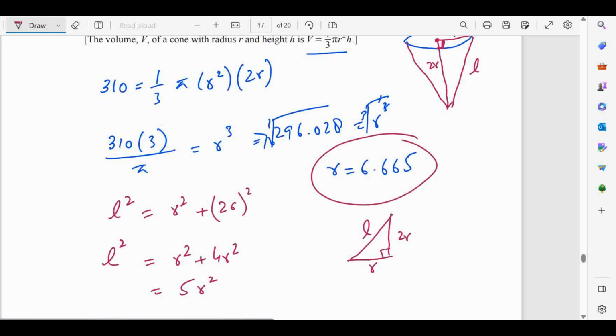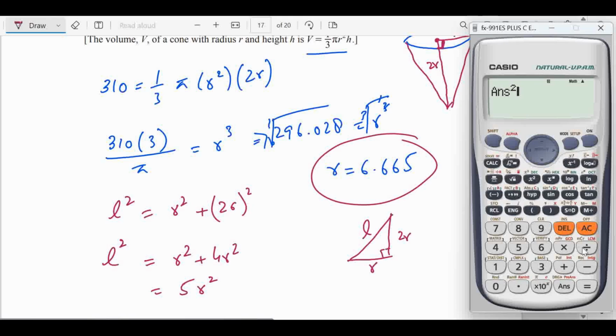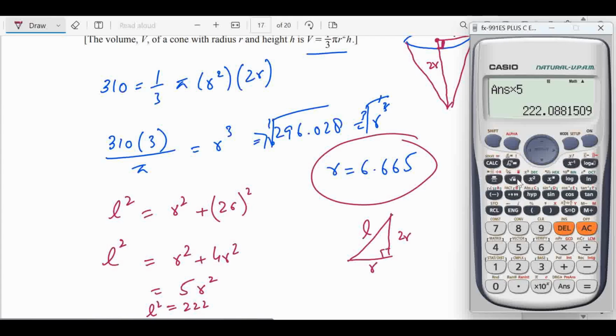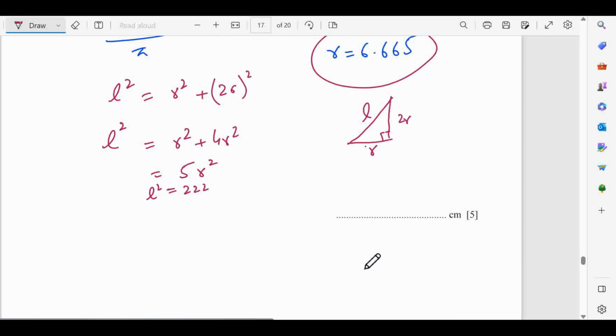So just take the square of the previous answer, multiply by 5. So this will be 22.222. Now take the square root on both sides. So this will be equal to 14.9. So the slant height will be 14.9. This will be the final answer.